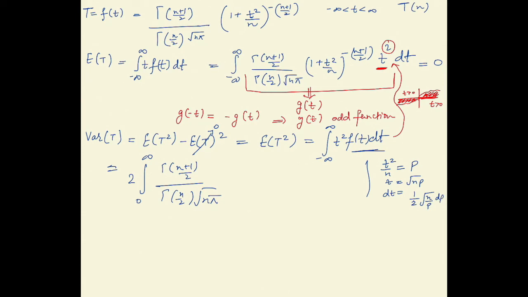So replacing these values, we get 1 plus p raised to power minus n plus 1 by 2, and t square means np, and dt means 1 upon 2 root n by p dp.